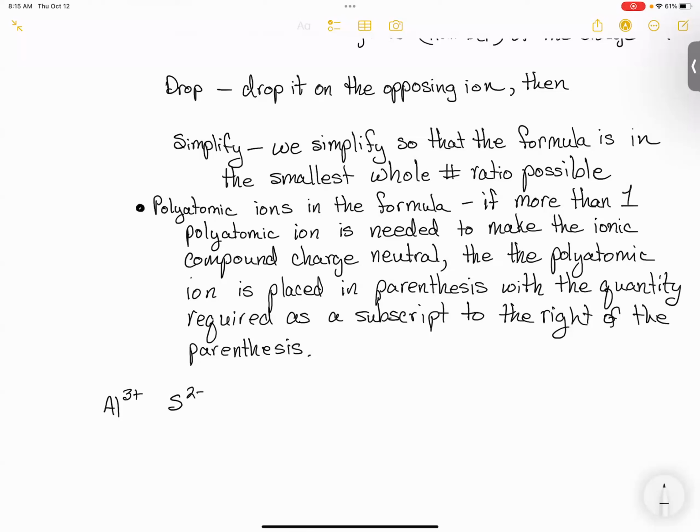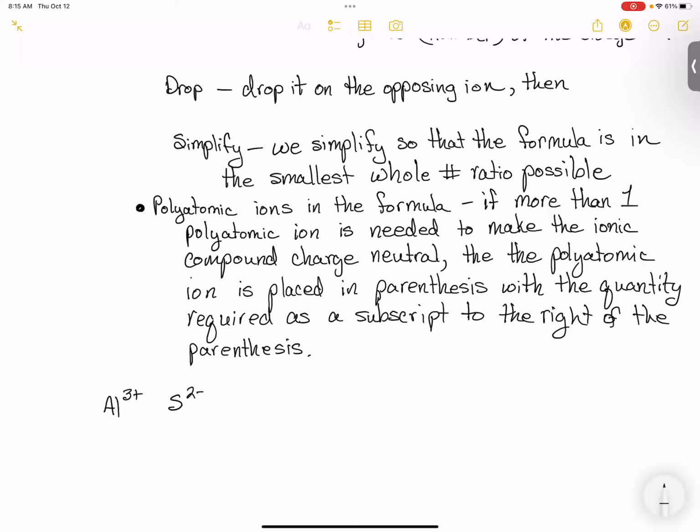One thing I will say, you will see me write charges where I put the magnitude prior to the sign. And the reason I put the magnitude prior to the sign on a charge is so that I can differentiate a charge from an oxidation state, which we'll talk about later in the semester. So that is why we write them in this particular order, so that we can differentiate what is an ion charge from what is an oxidation state.